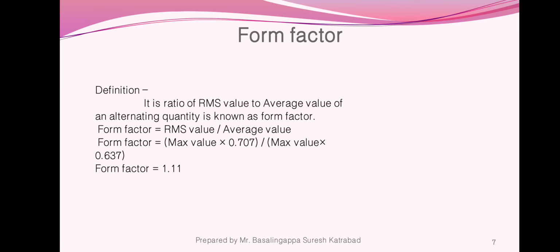The maximum value will get cancelled, so 0.707 divided by 0.637 is 1.11. So finally form factor is 1.11. Where is it used? Form factor is used to convert RMS value into average value or average value into RMS value.